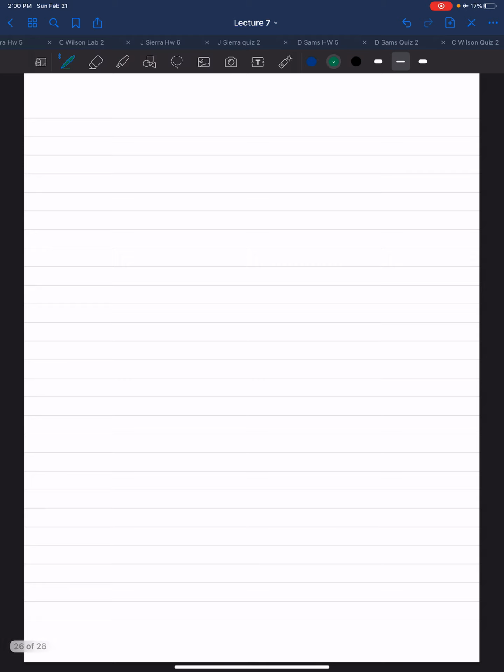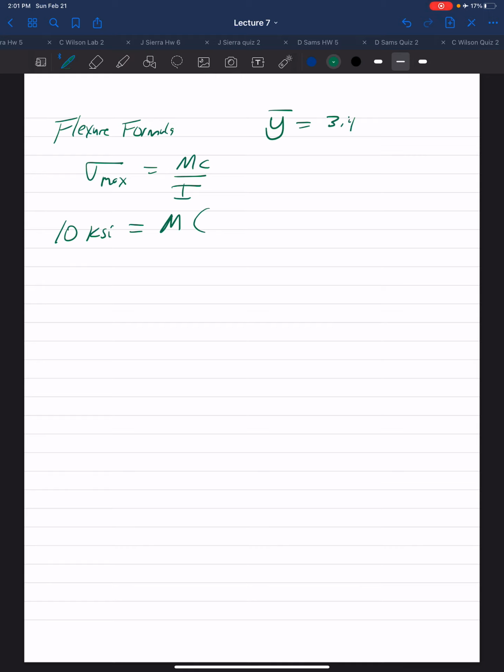So our flexure formula, we were given the maximum stress. Now the distance C is the farthest distance away from the centroidal axes. So the centroidal axis, Y bar, is 3.4 inches from the top, the farthest distance away will be the total length minus that.